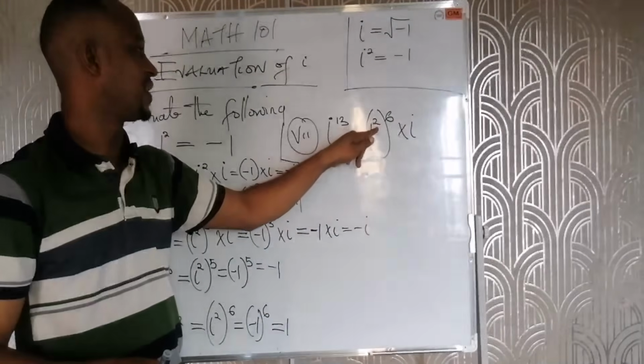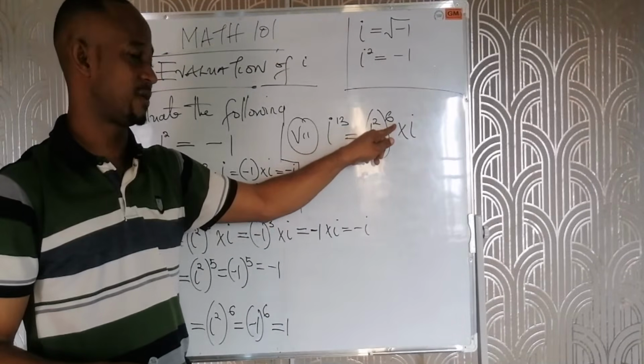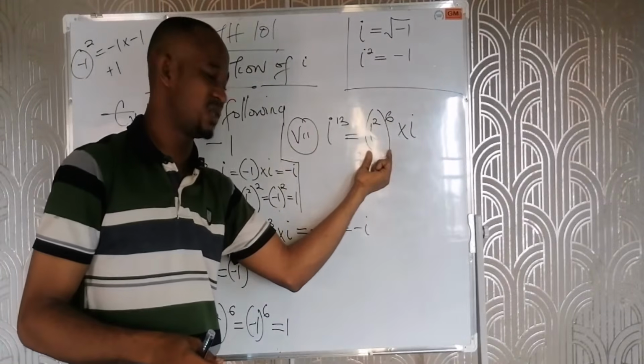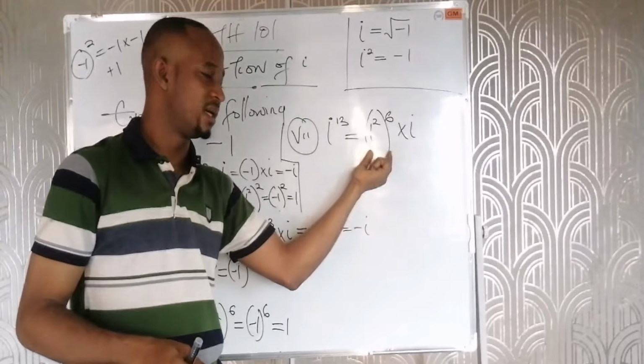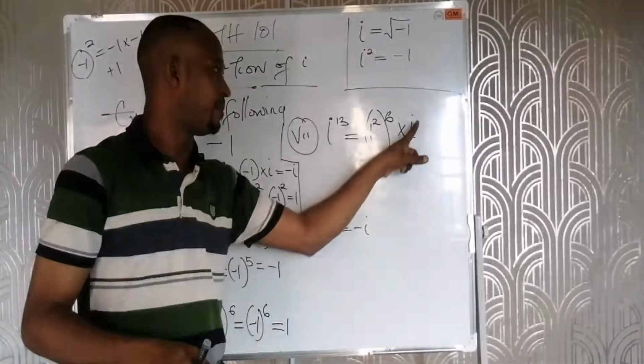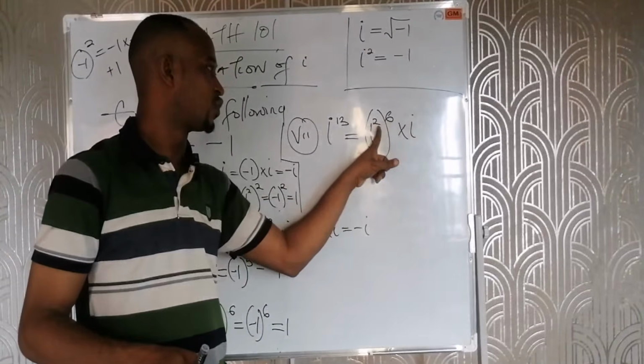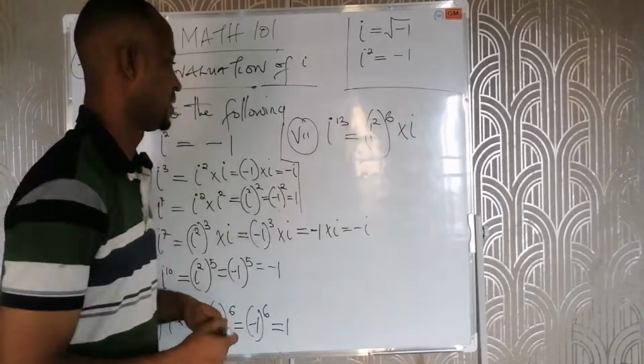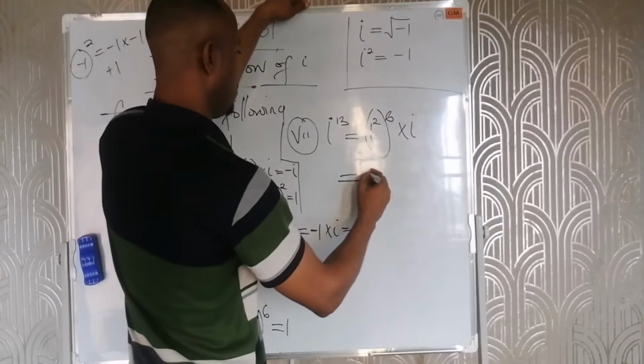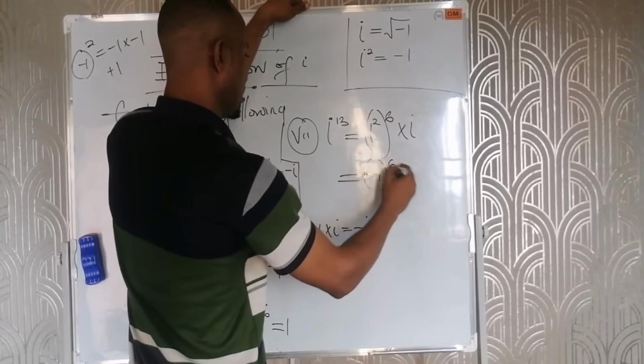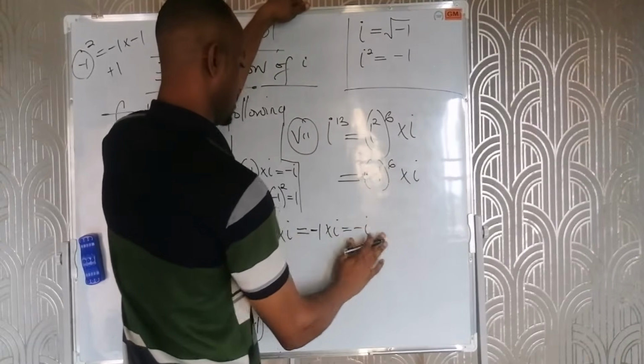So here will be i raised to power 2 times 6. Then based on the law of indices, the power of i here is 1, so 12 plus 1 will give us 13. So for this, we have minus 1 raised to power 6 times i.